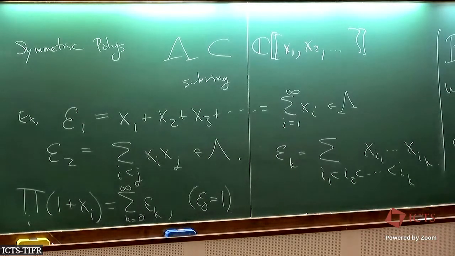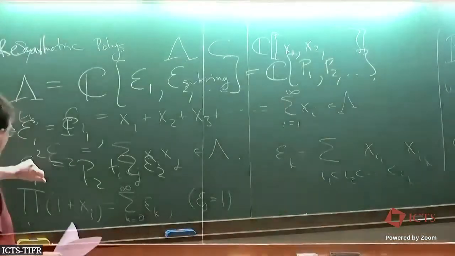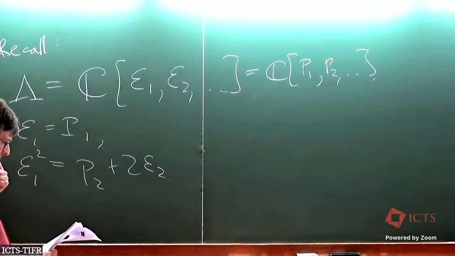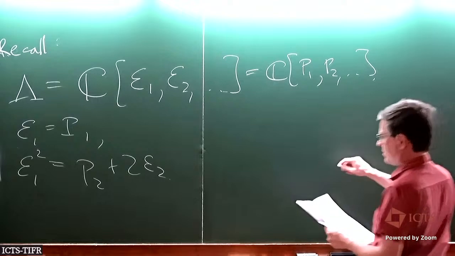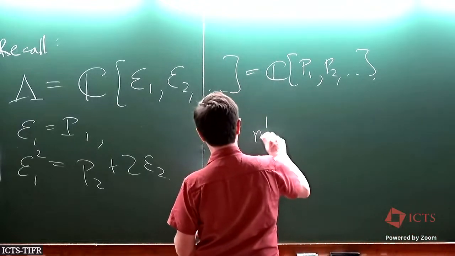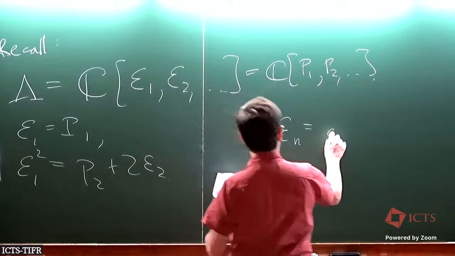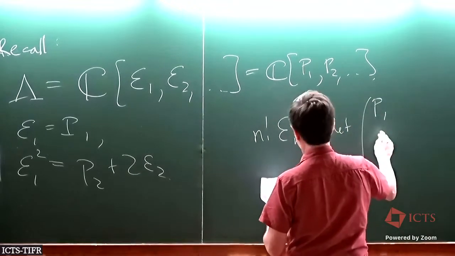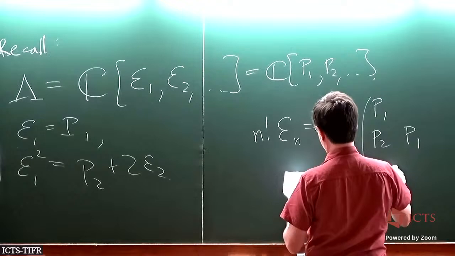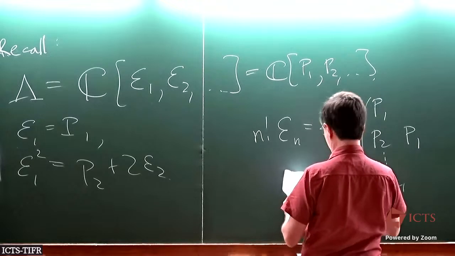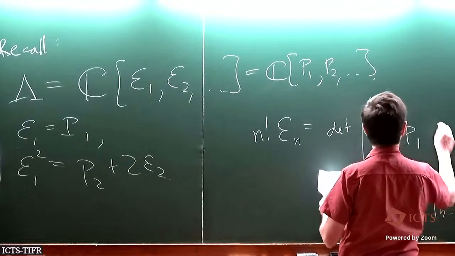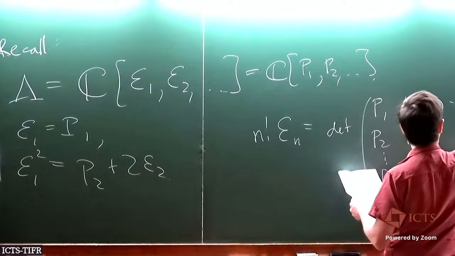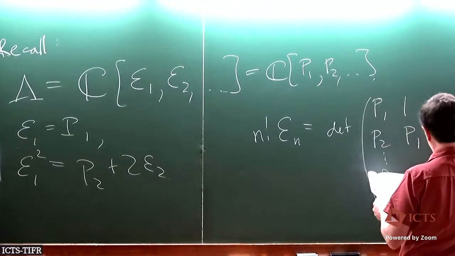All right. Okay, and generally there are formulas relating the e's and the p's. There's a formula from Newton which gives you, maybe I'll write down, so for example, n factorial En is the determinant of a matrix with P1, P2, up to Pn minus 1, Pn minus 2, and so on, with 1s along the subdiagonal.